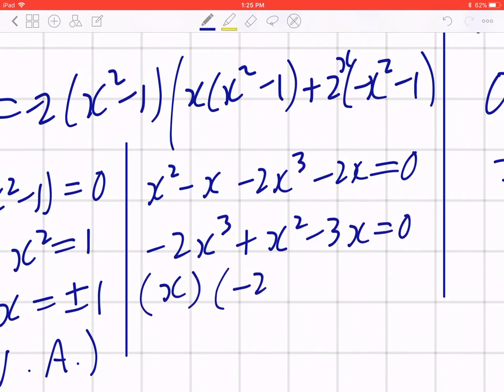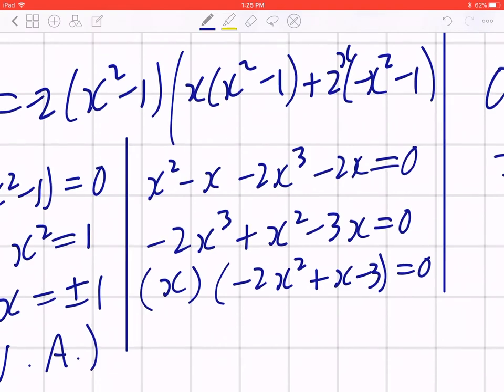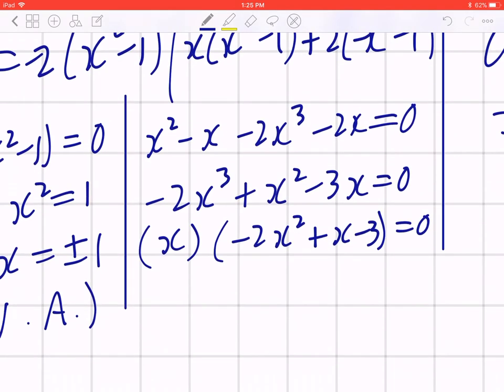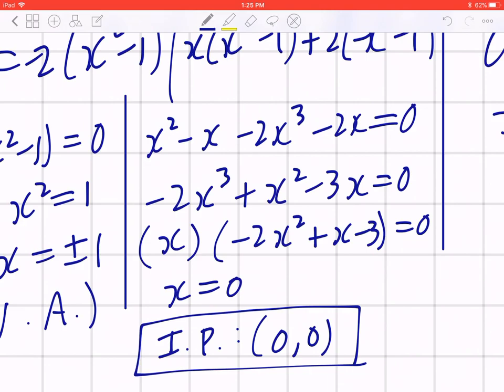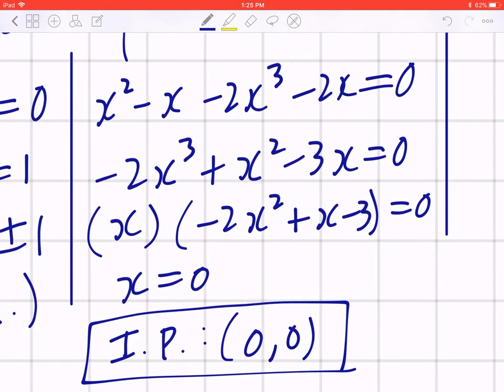In the brackets it will be negative 2x squared plus x minus 3. So there is one inflection point, x equal to 0. Again, you can plug it back in and you discover that the actual location is at 0, 0. So again, in this function, there were no critical points, no max or min, but there is one inflection point. And this part, I believe, will not work.